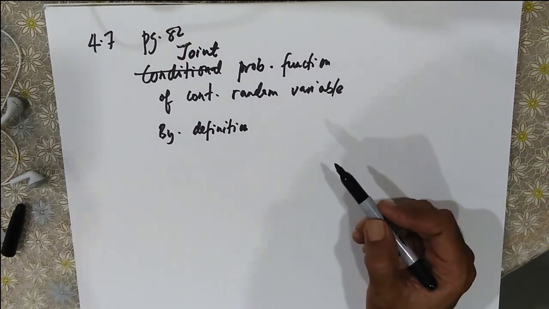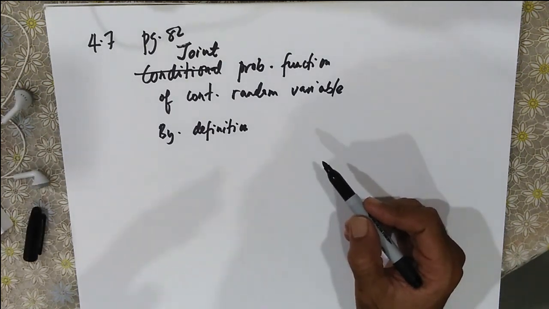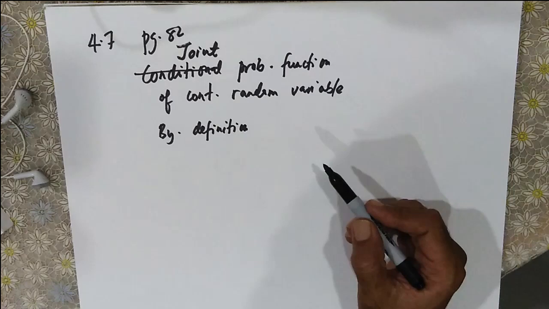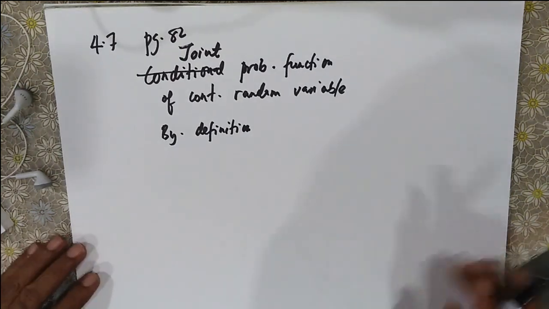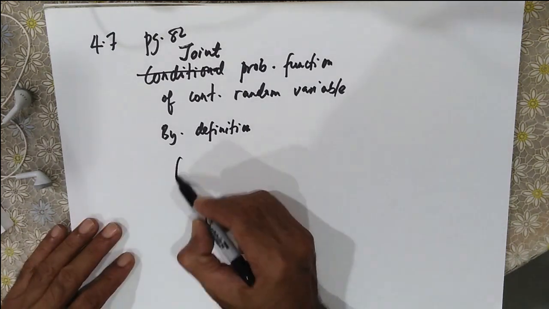So by definition, if we have a function with two variables, joint means two variables. We have f(x,y).